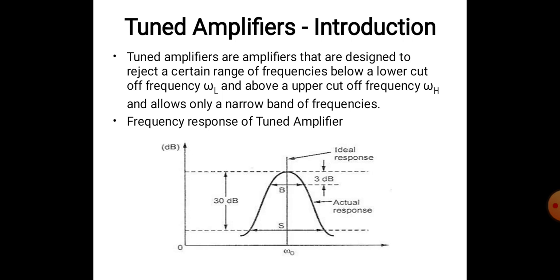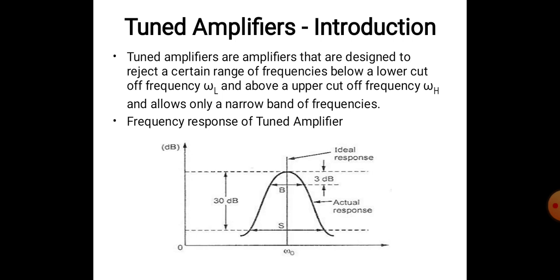The actual frequency response is nothing but a skirt response. That is, the signal starts to increase from the lower cutoff and reaches maximum at the center frequency, and the signal falls down after the center frequency, after the upper cutoff frequency.